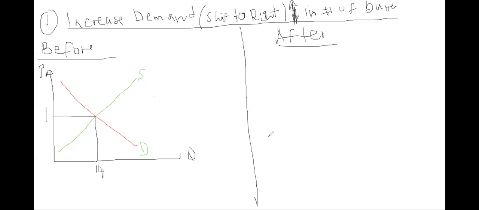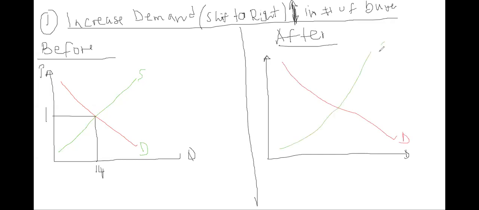But normally I like to have two graphs for the sake of analysis. So we still draw the original one, where we have our demand, then we have our supply. Where they intersect, we have our equilibrium quantity, which is 14, and the price is 1.